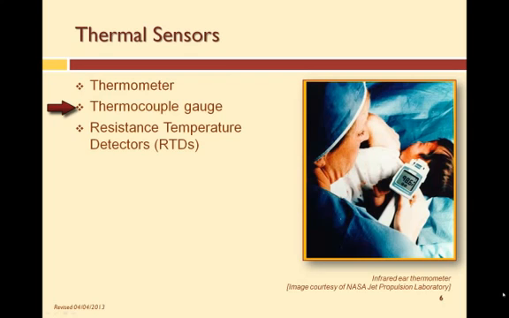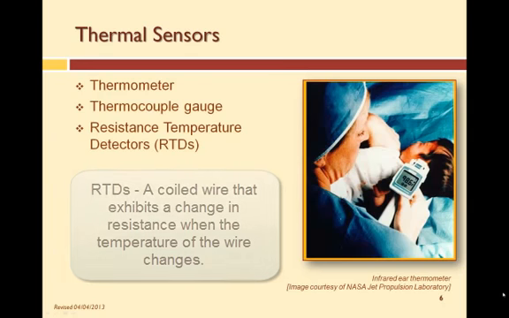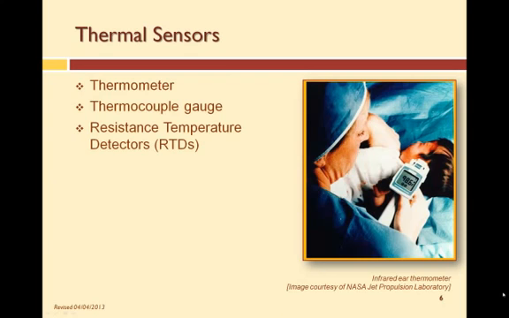Other thermal sensors include thermocouple gauges, which use thermocouples to measure temperatures, and RTDs, or resistance temperature detectors. RTDs are a coiled wire that exhibits a change in resistance when the temperature of the wire changes. RTD sensors monitor the resistance change and output a reading of the effective temperature.